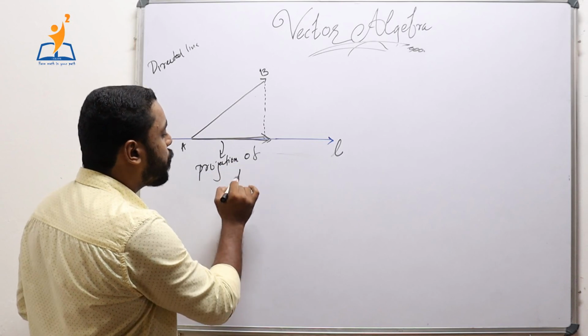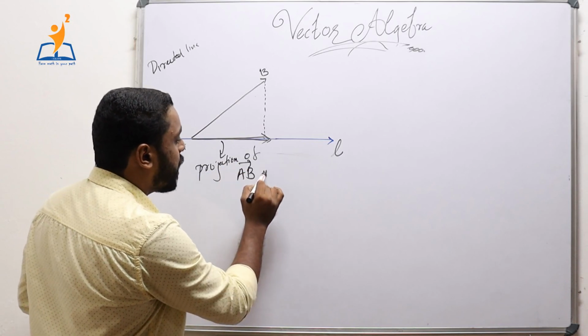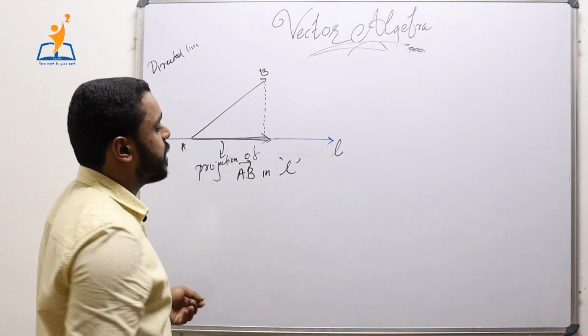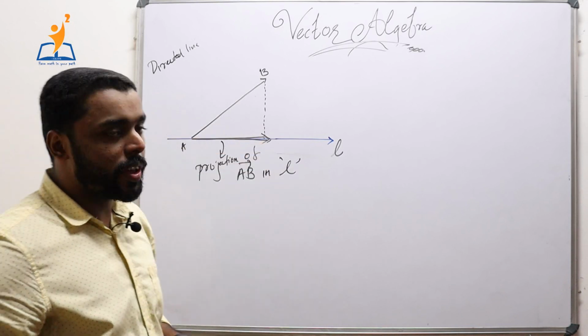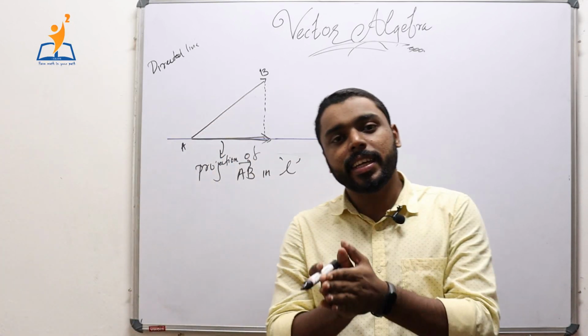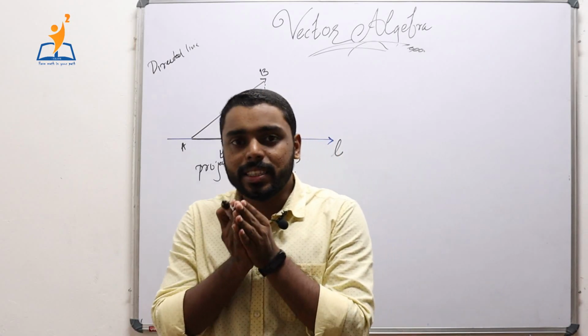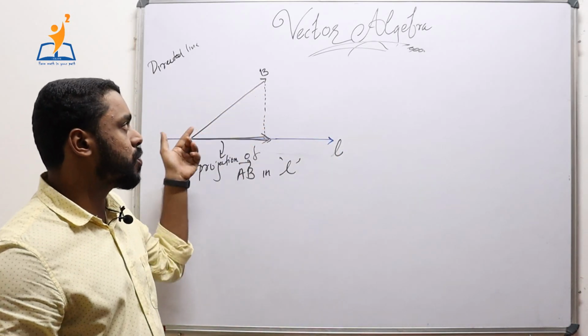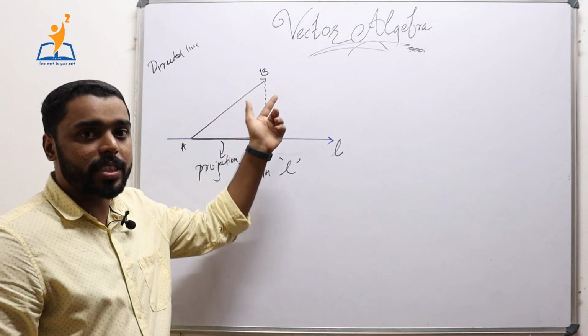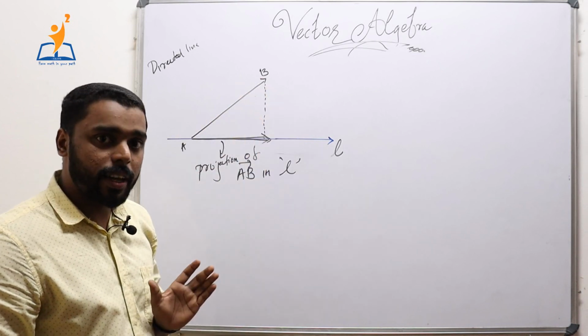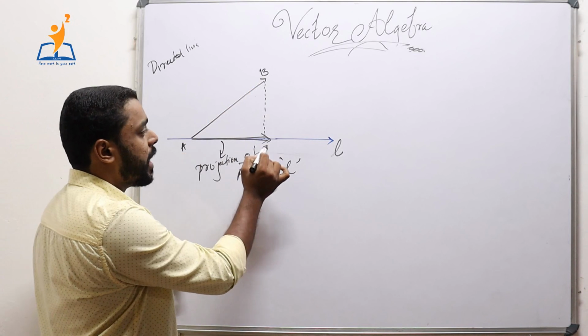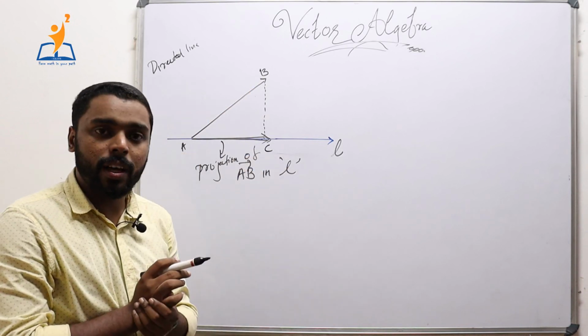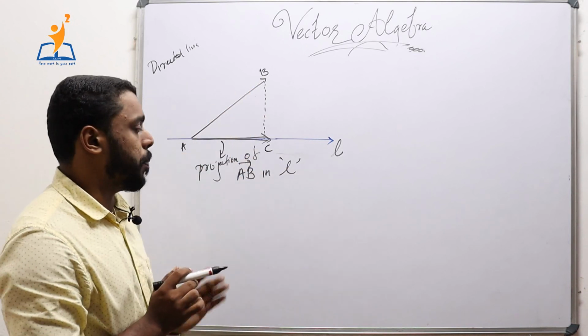Projection of the vector AB in the directed line L. So the projection of the vector AB in the directed line L is nothing but the base of the right triangle which is formed like this. Clear? So AC is the projection of the vector AB.